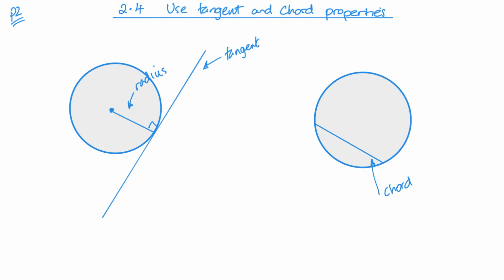Now in terms of the chord's perpendicular bisector, which I'm trying to demonstrate here, though maybe not perfectly, it goes through the center of the circle, which means that these two lines either side are equal in size. So it's quite important to understand that. Just remember the perpendicular bisector of the chord will always pass through the center of the circle.